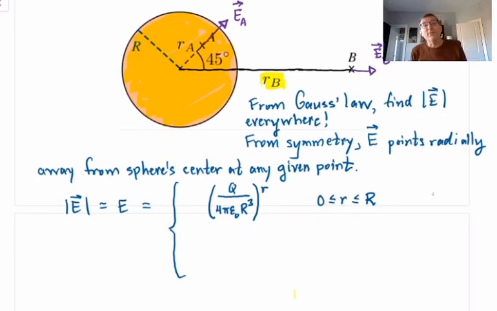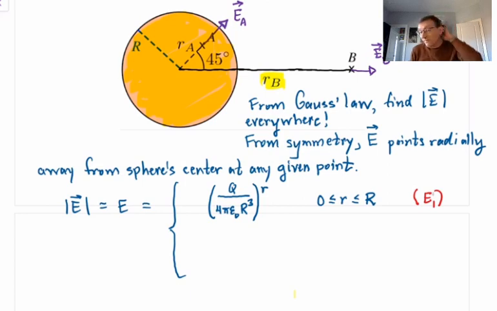That's the formula for the electric field magnitude at any point inside the sphere, up to and including the surface. This magnitude function I'm going to denote as E1. E1 represents the field magnitude at any point inside the sphere.